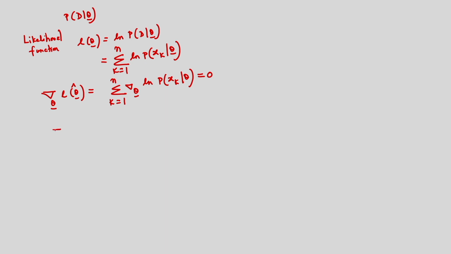So what is this operator? This is the partial derivative I am considering with respect to theta 1, like this, with respect to theta 2. Suppose I have these parameters theta 1, theta 2, theta p like this.